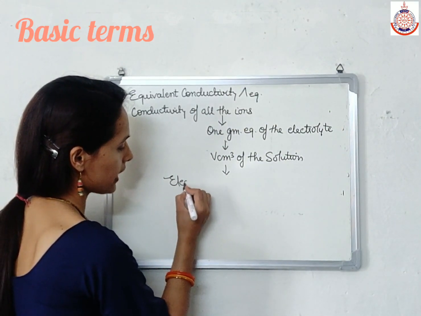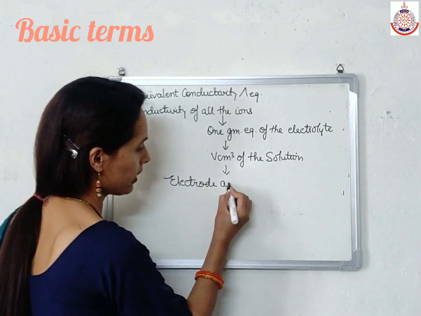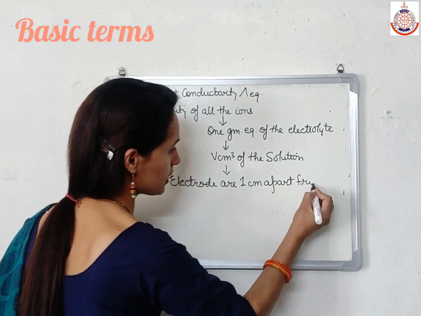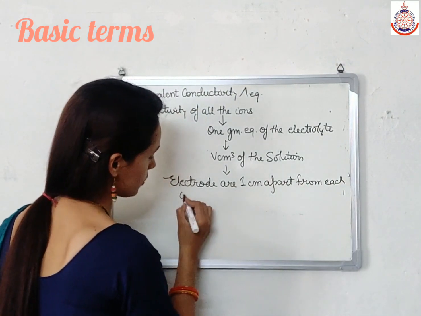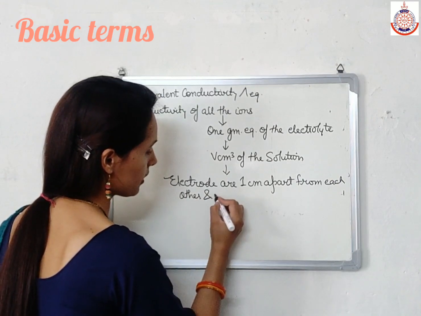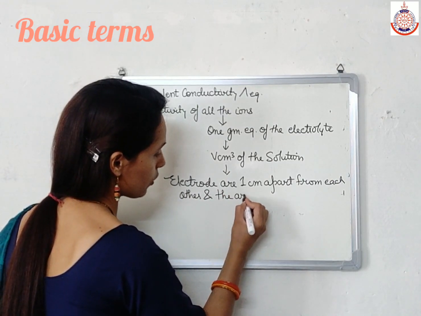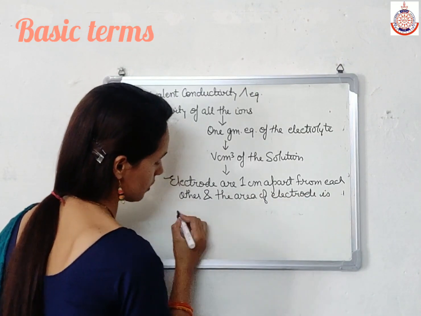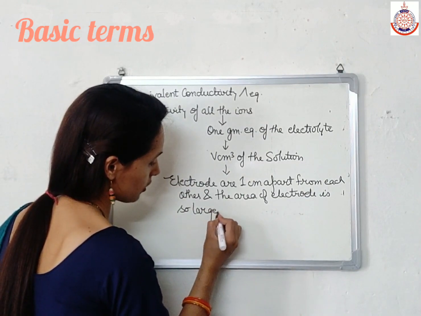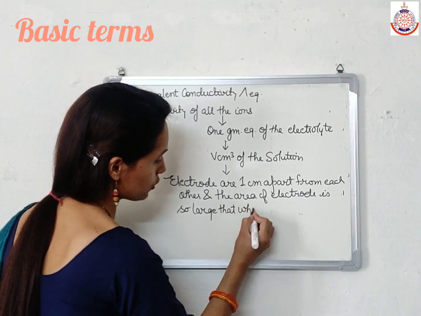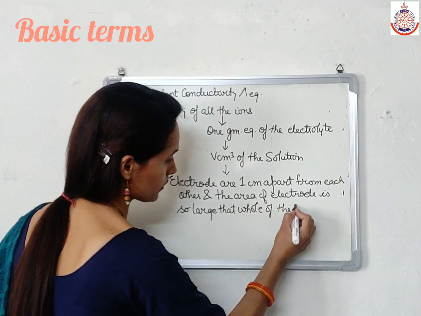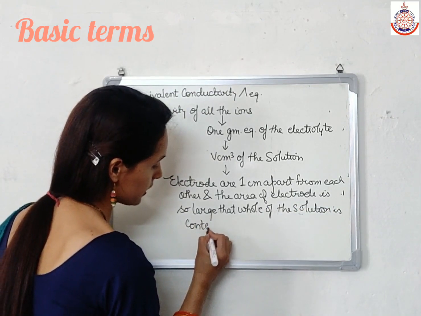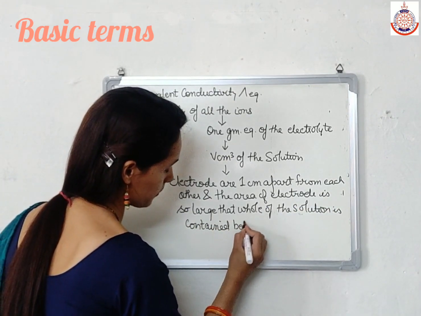The conditions are that the electrodes are 1 centimeter apart from each other, and the area of the electrode is so large that the whole of the solution is contained between them.